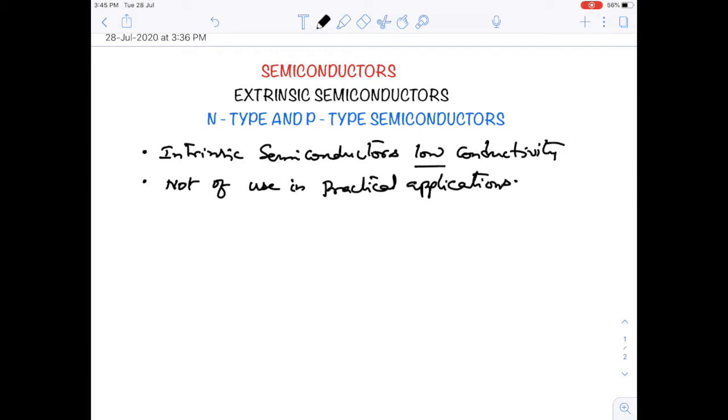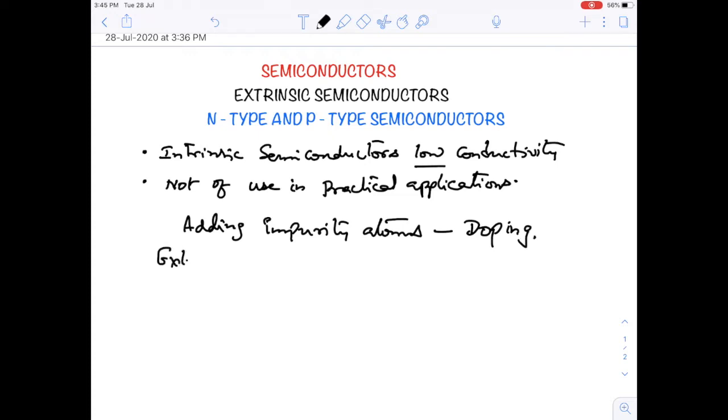In order to have that, we need to increase the conductivity. So, how do we increase the conductivity? By adding impurity atoms. By adding impurity atoms is what we call doping.